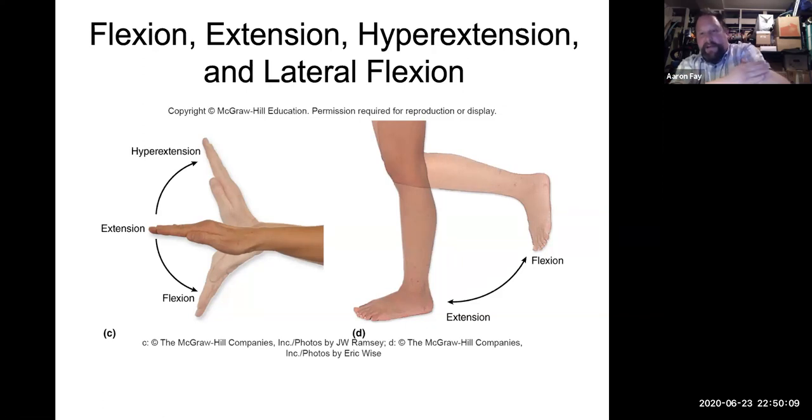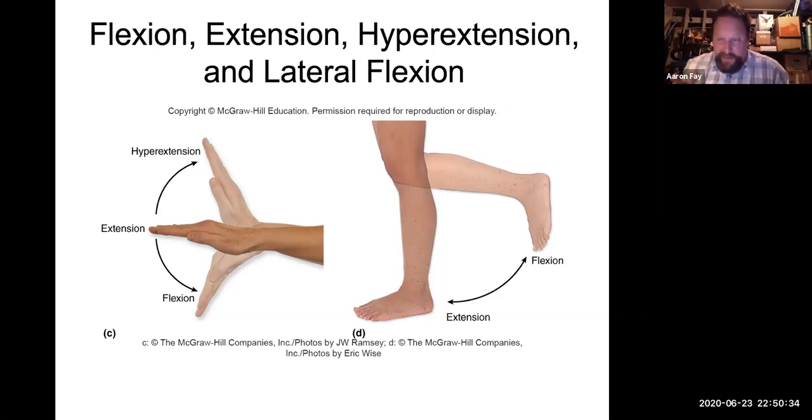This is 180 degrees, and you're making it smaller. With the picture here on the right-hand side, when you make the angle between the femur and the tibia and fibula smaller, that's flexion. When you make that angle 180 degrees, or you go from, in this case, 90 degrees to 180 degrees, that is extension.